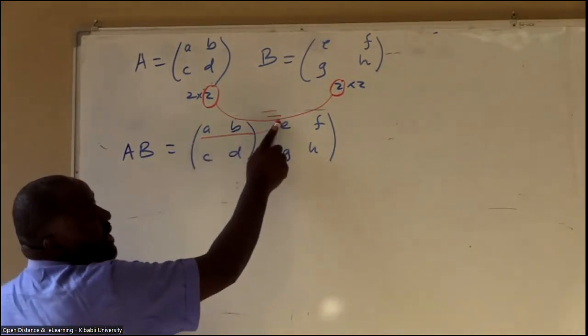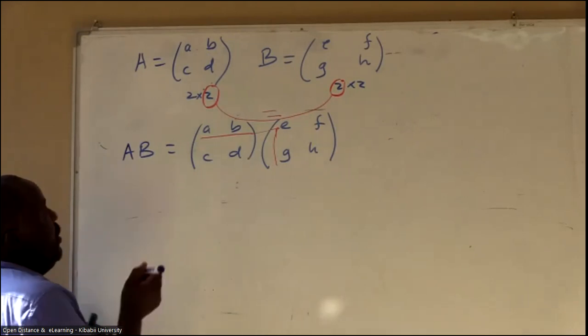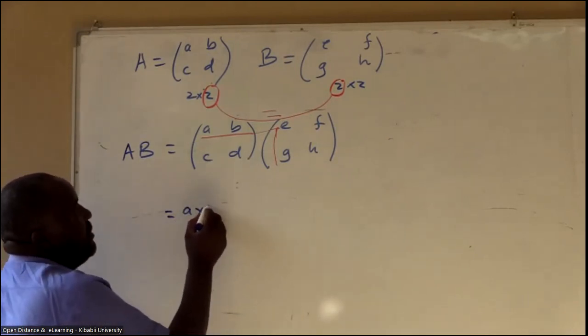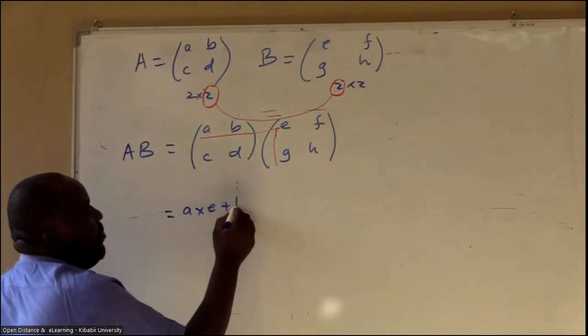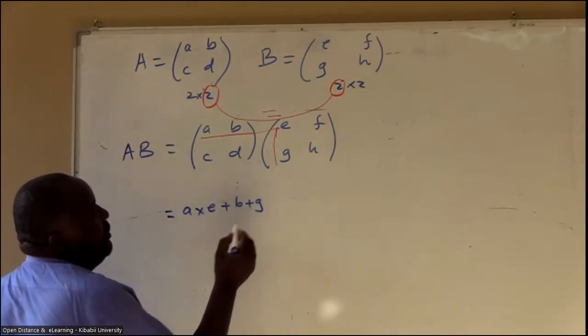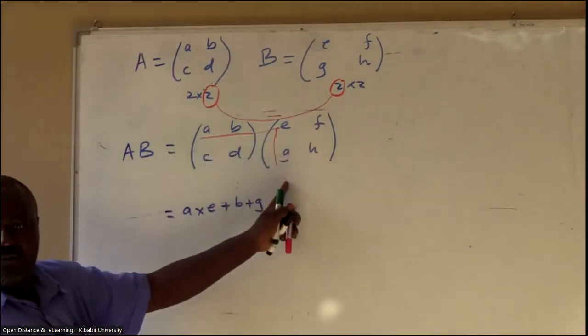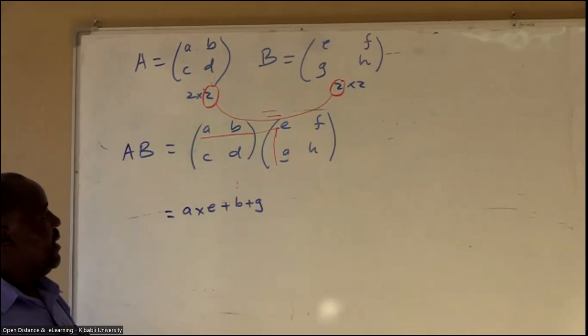Row 1 multiplies column 1, so that we have A times E plus B times G. The rows of A are multiplying the columns of B.